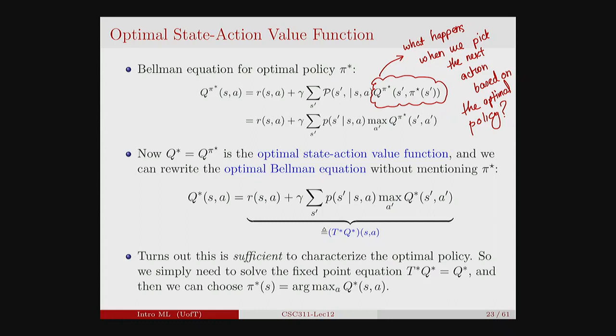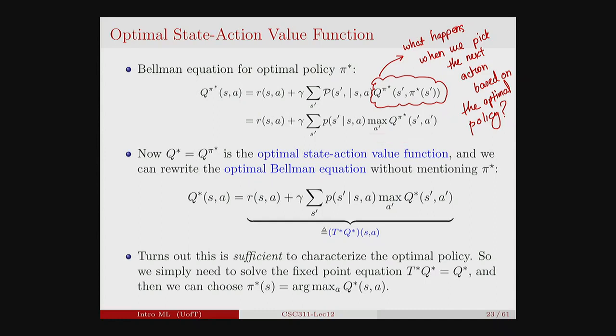So what did I do? I started out by saying, if I trusted my Q matrix, then I know what my optimal policy is. It's the argmax of Q(S, A). So I'm going to take that policy and plug it into my recurrence relationship. When I plug in the optimal policy, I get something really interesting, which is the max of Q pi star of S prime, A prime showing up in my recurrence relationship. And this is neat because this gives me a new recurrence relationship altogether, because now I have Q pi star of S, A equal to this recurrence relationship, which is different from the previous one.